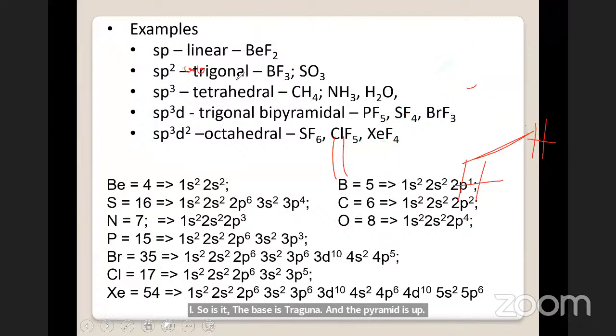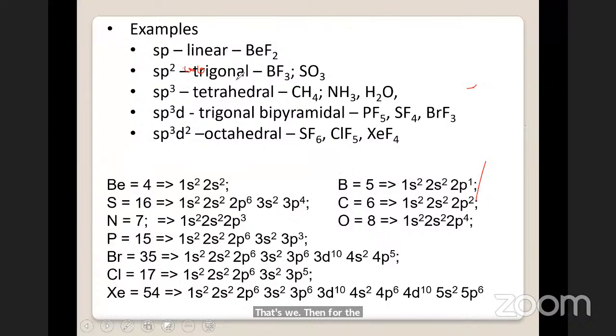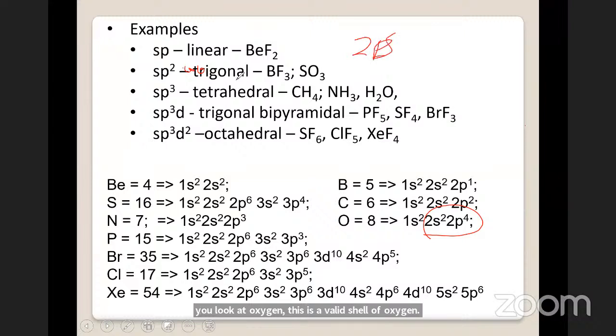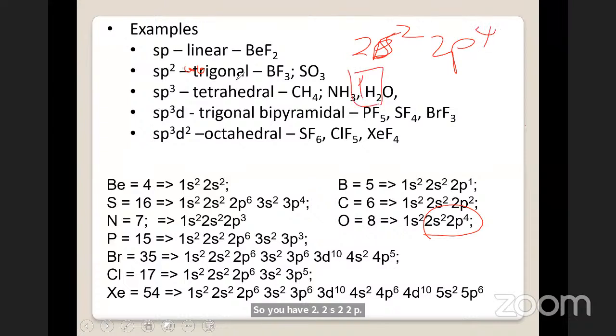Then the molecule of water is also distorted. If you look at oxygen, this is the valence shell of oxygen: 2s2 2p4. So that is it.